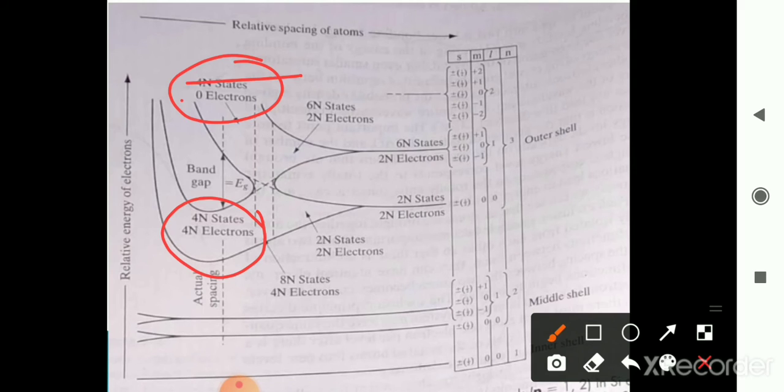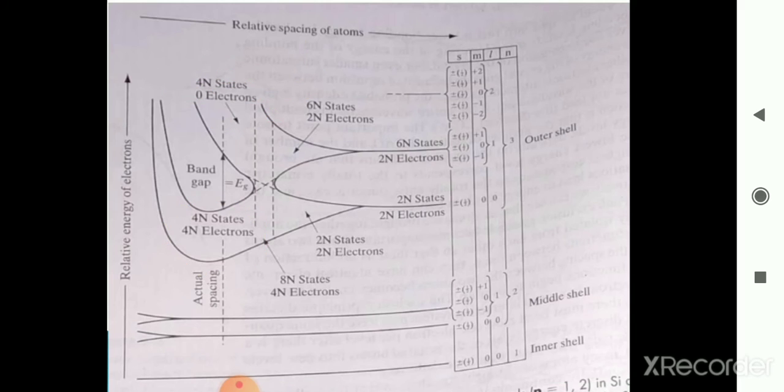So empty states are available for electron occupation. Same thing here also.